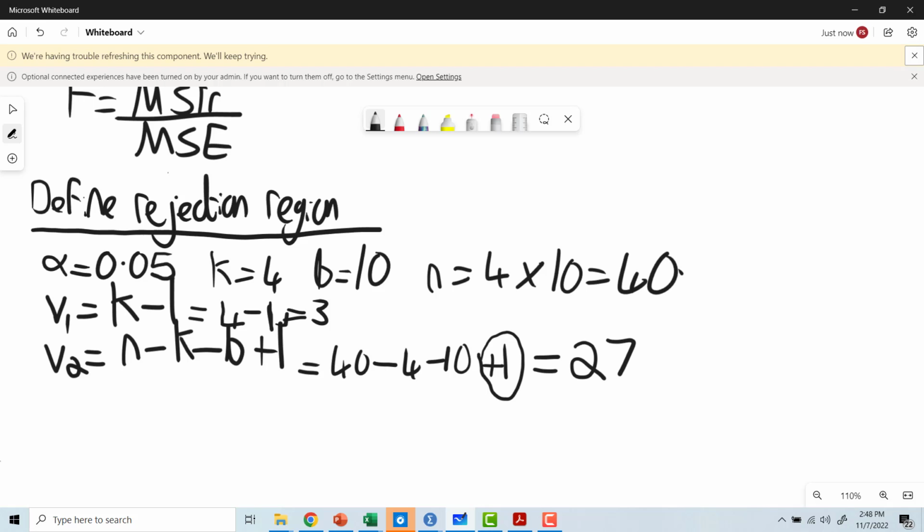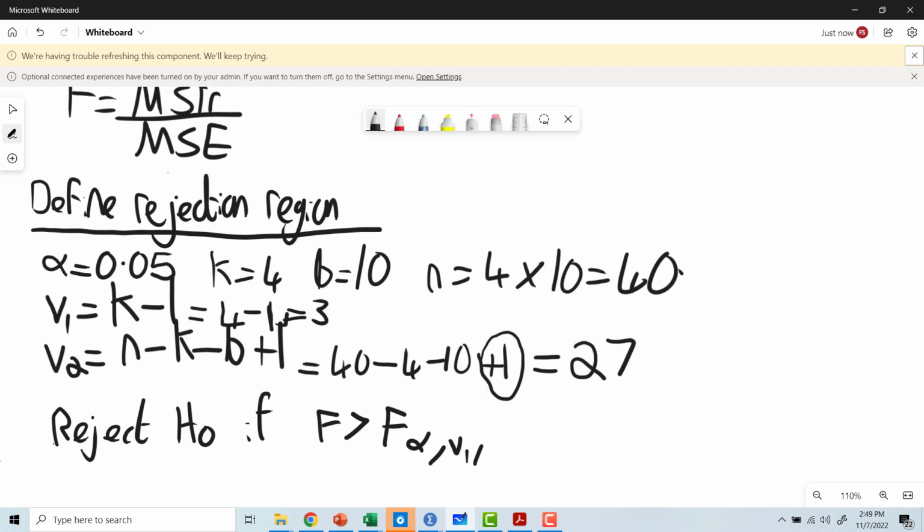And we're going to reject H0 if F is greater than F alpha with V1, V2 degrees of freedom. And since we're setting 0.05, this is going to be F 0.05, 3, 27.